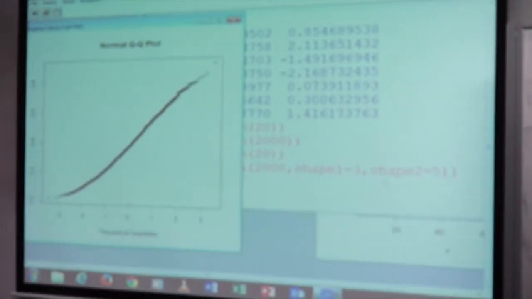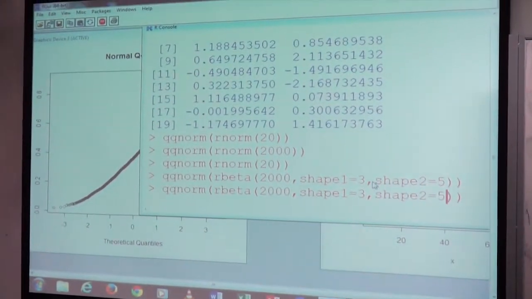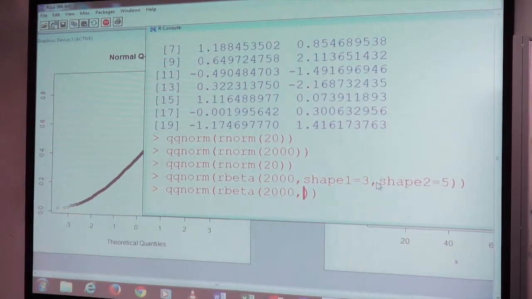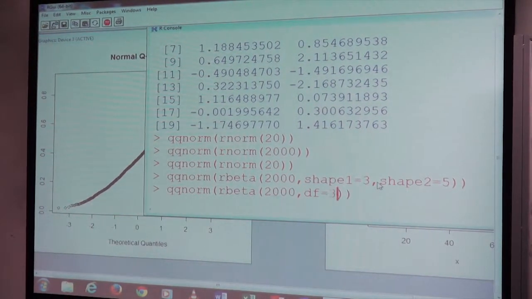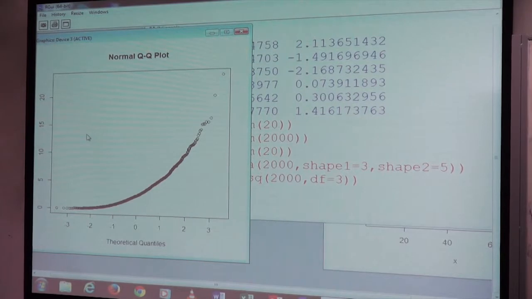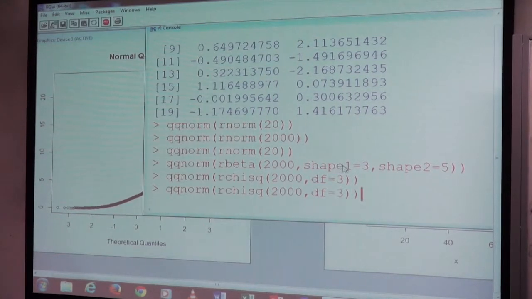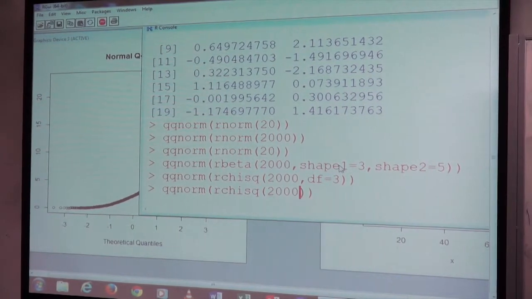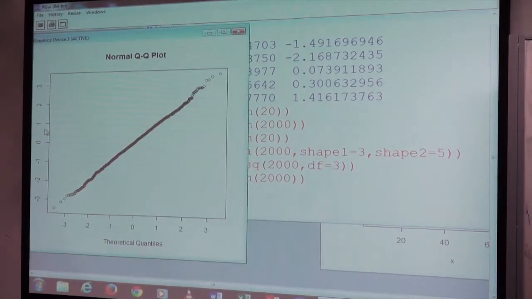And of course, the more severe the distortion is, well, let's try chi-squared. We've got a curve that looks like that. Go back to Gaussian. Snaps into focus.